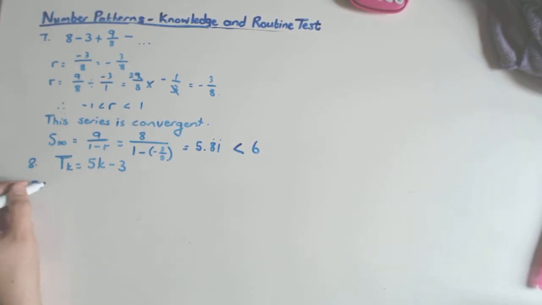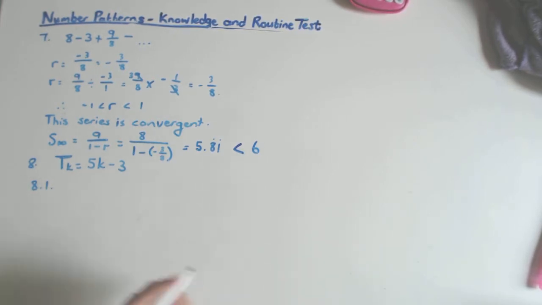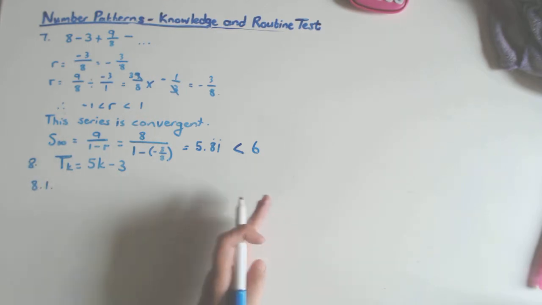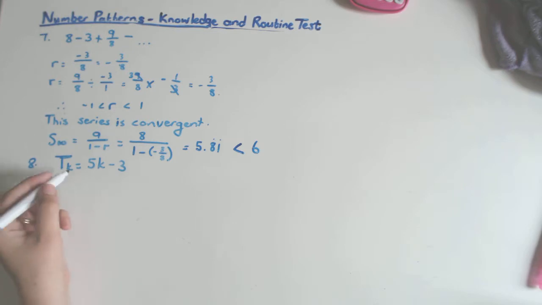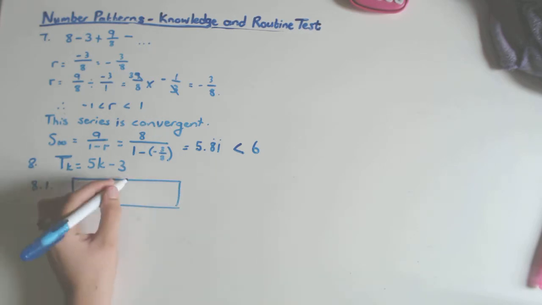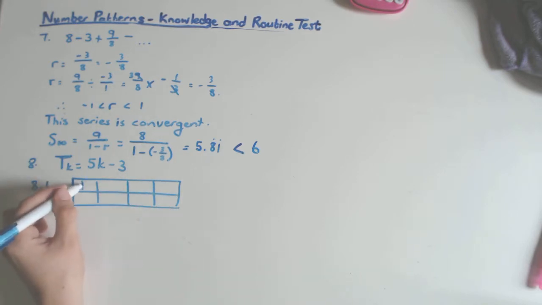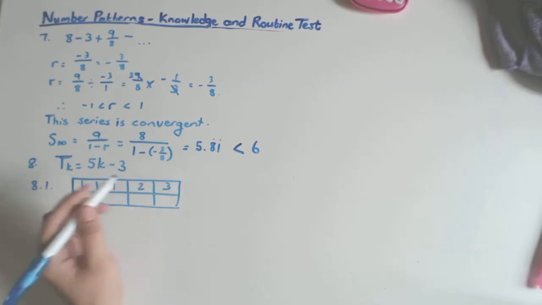So what I want to do is get the first 3 terms, because for arithmetic, what I do is I take term 2 minus term 1 and term 3 minus term 2. But I don't have them, so I'm just going to work them out. So term 1, I'm going to work with a little table quickly. k is my term number for term 1, 2, and 3.